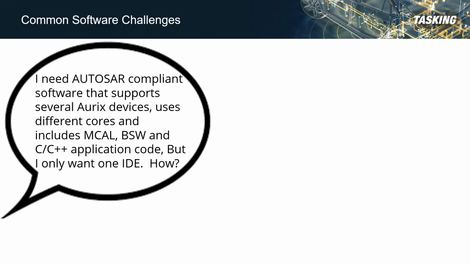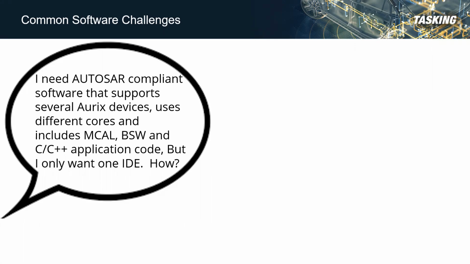One of the main challenges is that they're using AUTOSAR. So they're using an AUTOSAR compliant version of the tool set. And they have different sets of compiler options for the different pieces of their software. So Infineon will come and say, hey, for MCAL, you must use these compiler options.